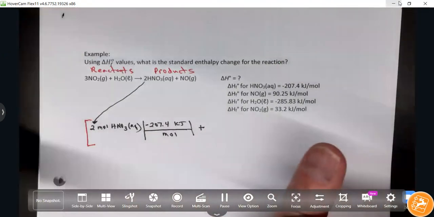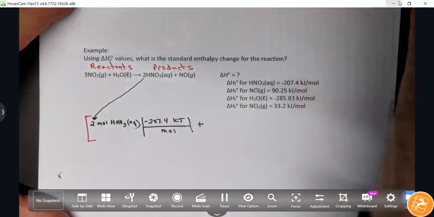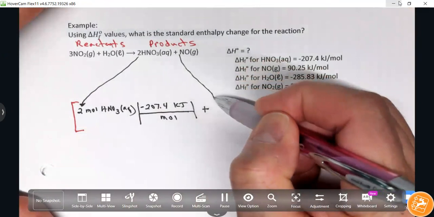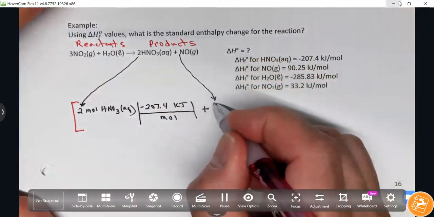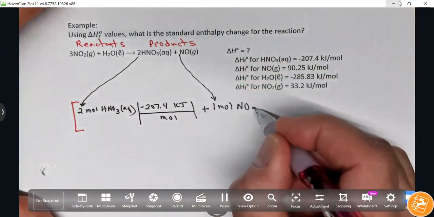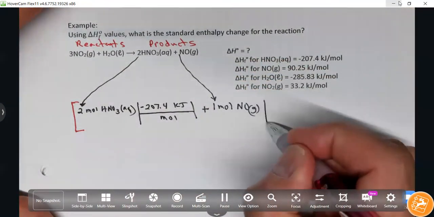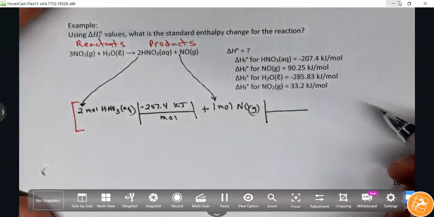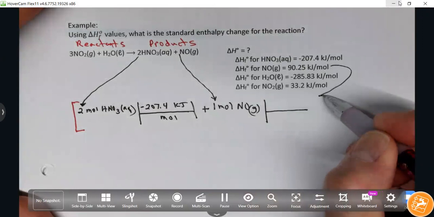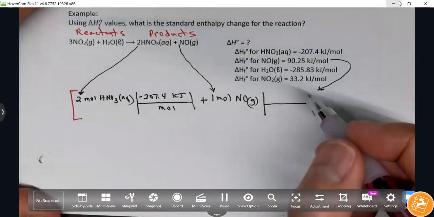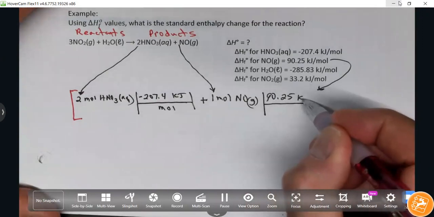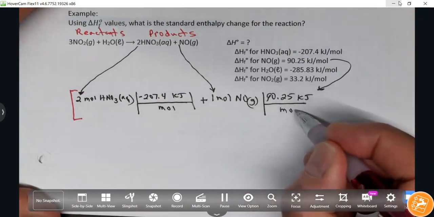Plus, we're just going to leave it like that because we're going to be able to punch in our calculator just the way it is. 1 mole of NO gas. And 90.25 kilojoules per mole.